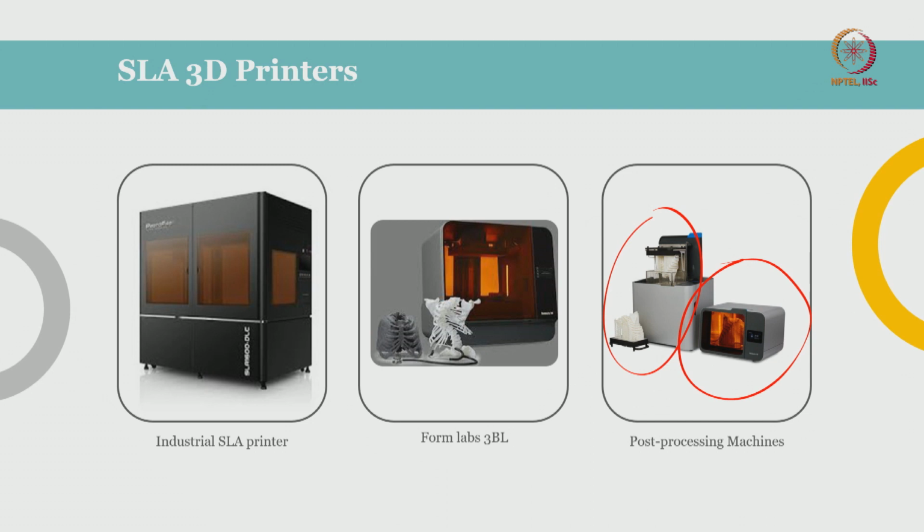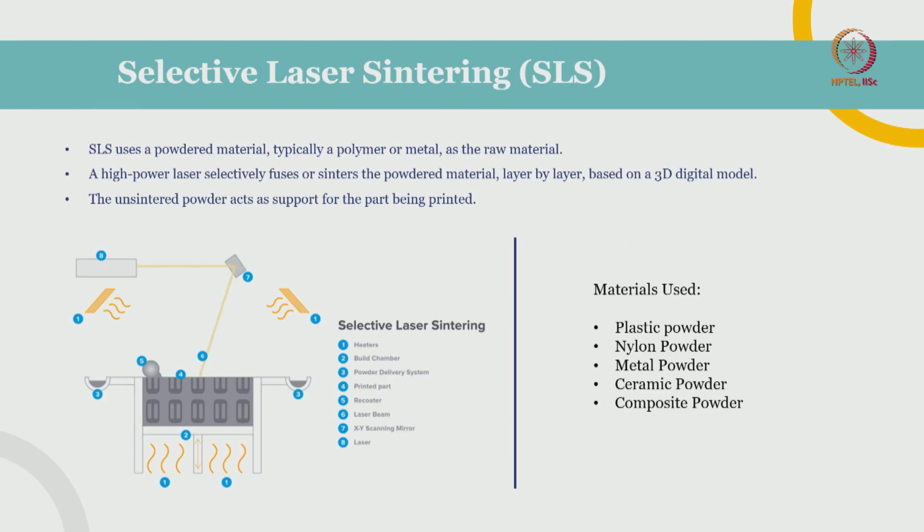If you need proper mechanical properties out of that resin, then we need to surely go with these kinds of mechanisms. Then SLS, where we use powder as a base material, and then we use laser light to sinter those powders, so we will be getting a solid mass out of that powder.